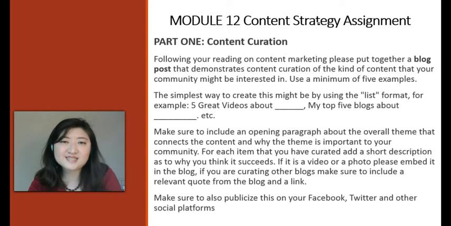And what's really easy is if you do a list format, like 5 great things about a certain theme or topic that would relate to your community, or 5 great videos to watch, or 10 tips for such and such. This is just really minimal in terms of examples of a blog post that you can create and put out there.